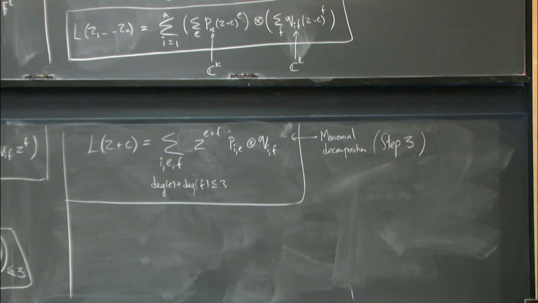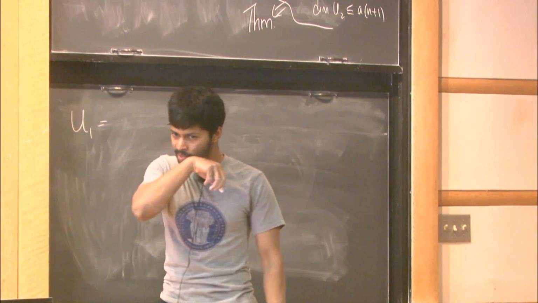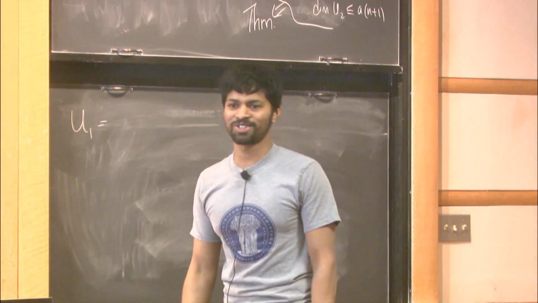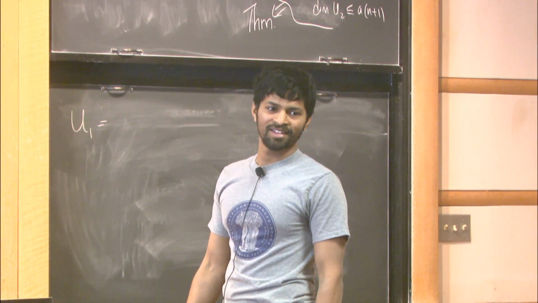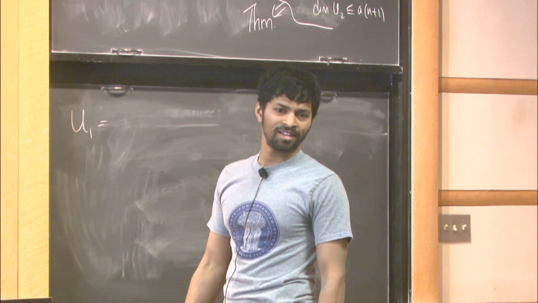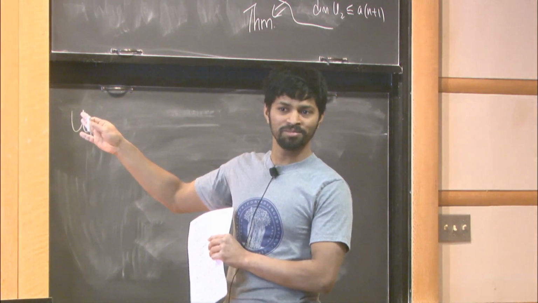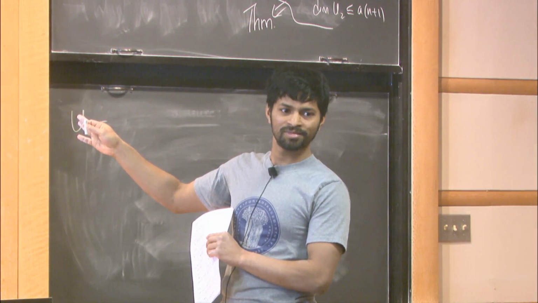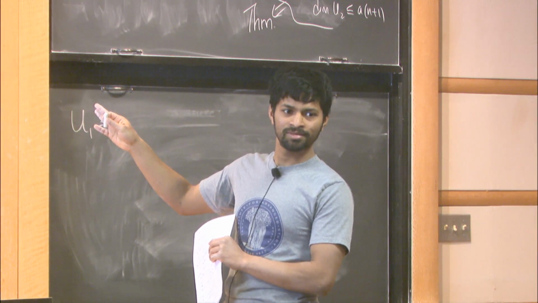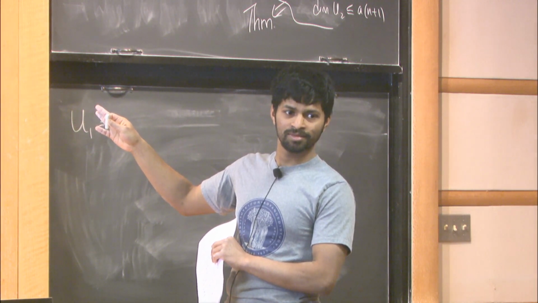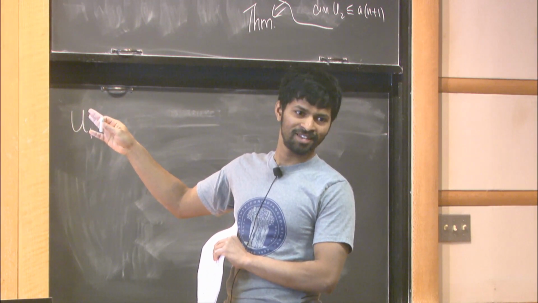Now I just have to tell you what u1 and u2 are and prove that they work. My claim is, maybe you can guess what is u1 and what is u2. First let's do this. It's a finite sum. So I guess the case when e has degree 0 or f has degree 0 is not very damaging, so you can ignore those.